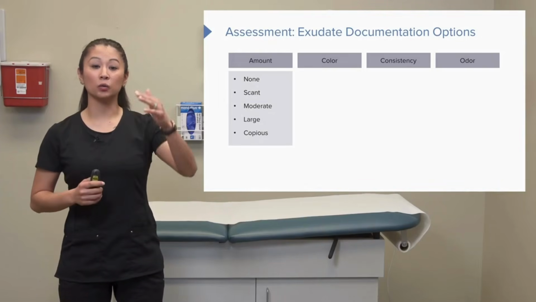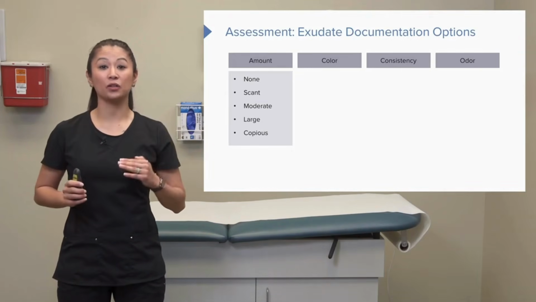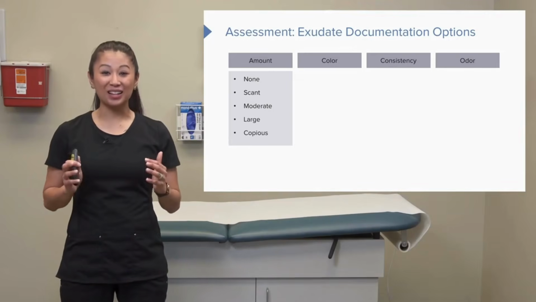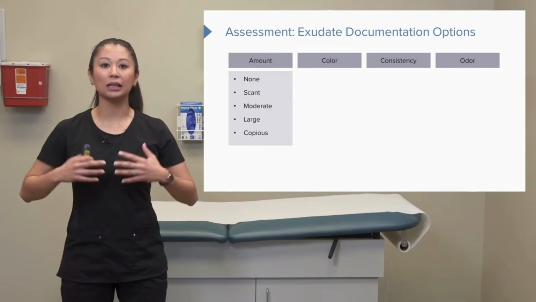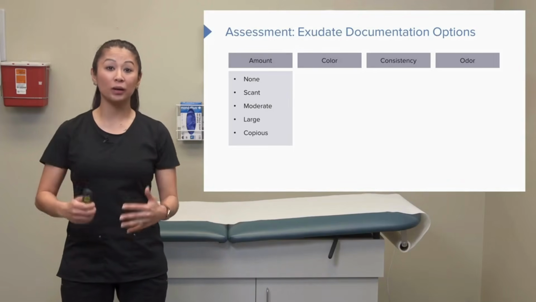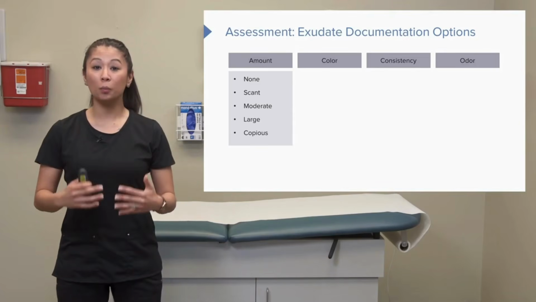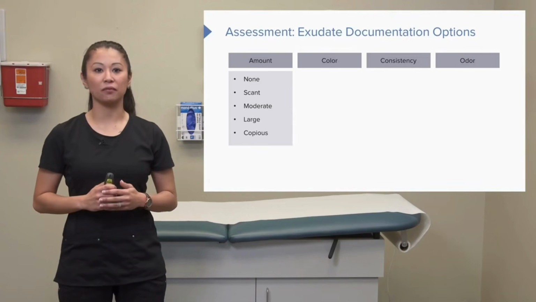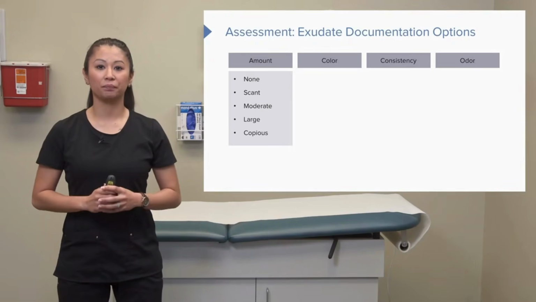It can go, if you look at this category, from basically not much at all to copious. That seems like an odd word, but copious is not just a little bit, it's a lot of extra fluid and probably more than is normally expected for a wound. So copious drainage is not always a positive thing. Again, it goes from none all the way to copious.